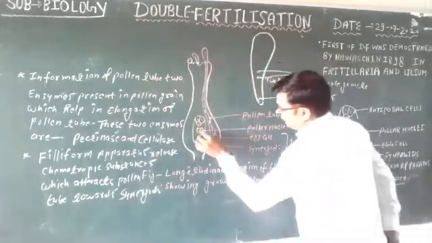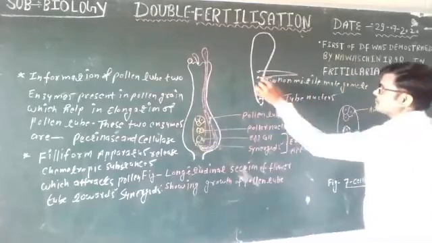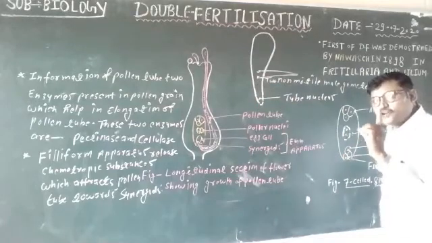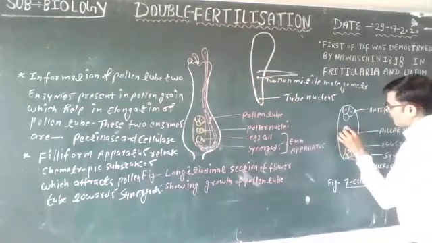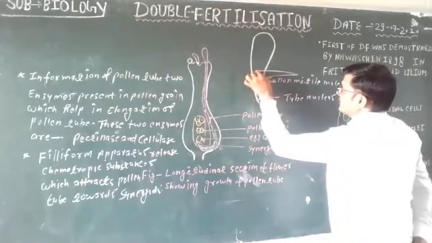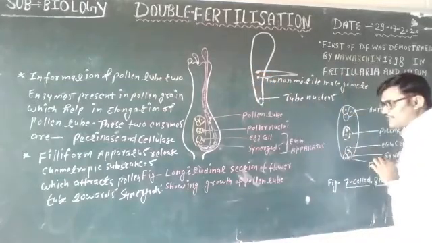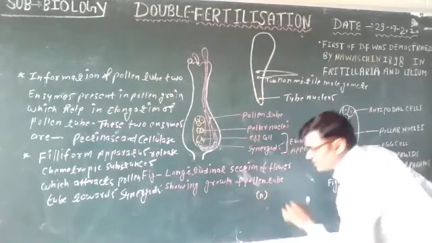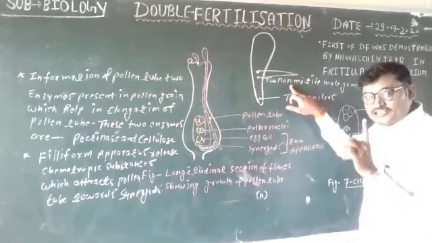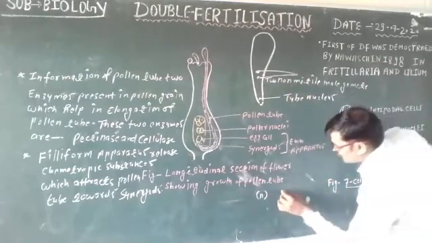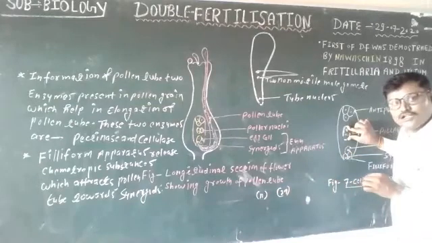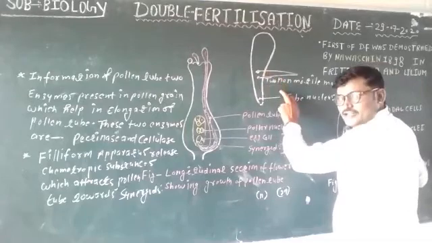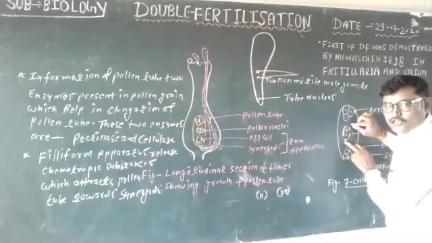Now, when one gamete fuses to the egg cell, it forms the zygote, and the zygote is 2n. And when the other non-motile gamete fuses to the polar nuclei, as you know, the ploidy of the non-motile gamete is n, and the ploidy of the polar nucleus is 2n.